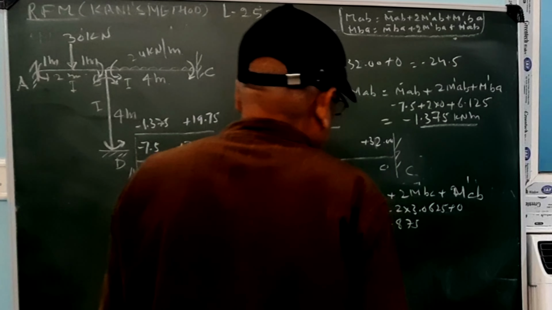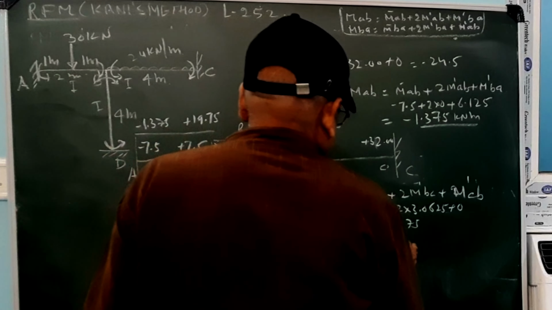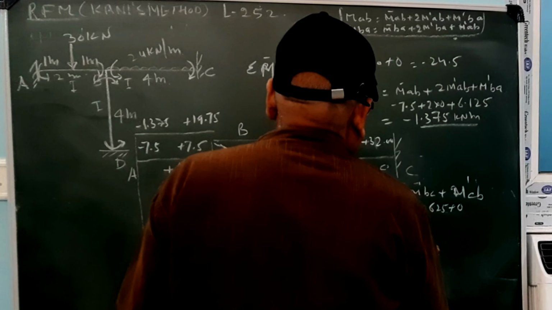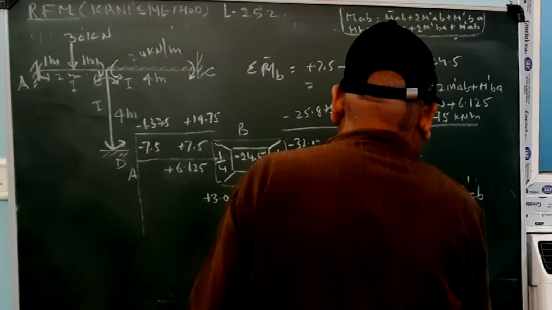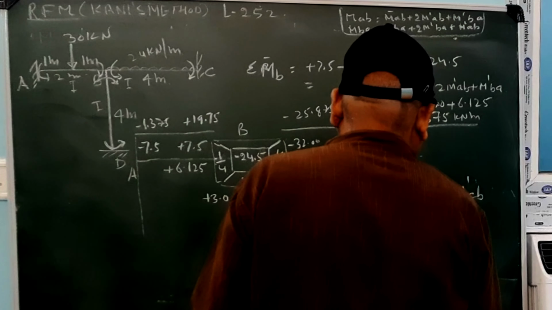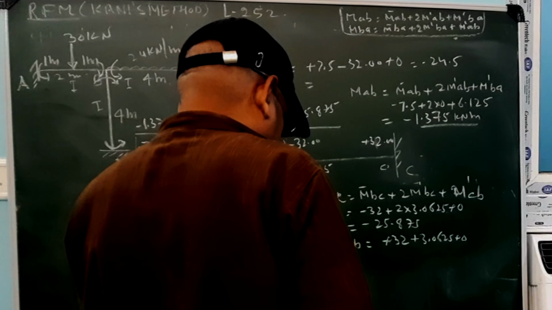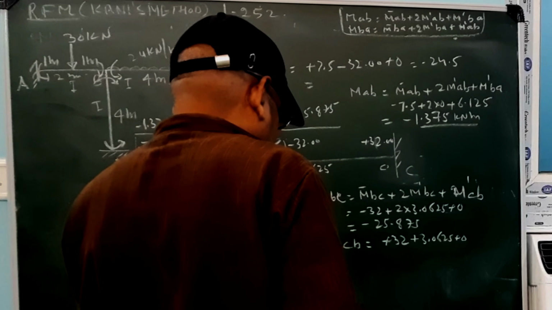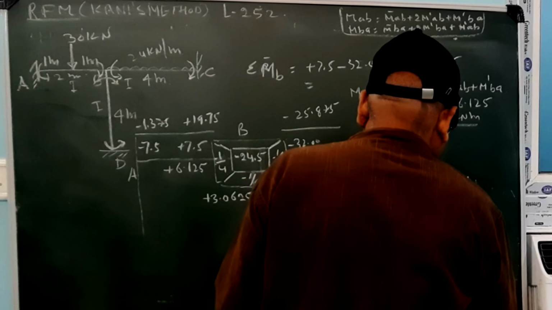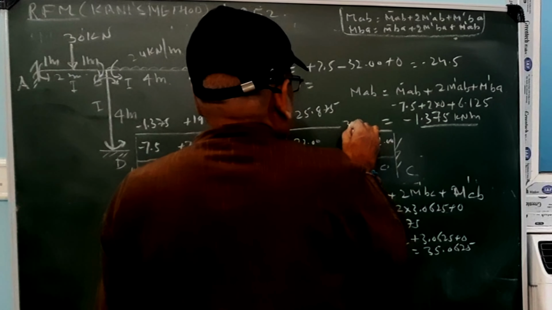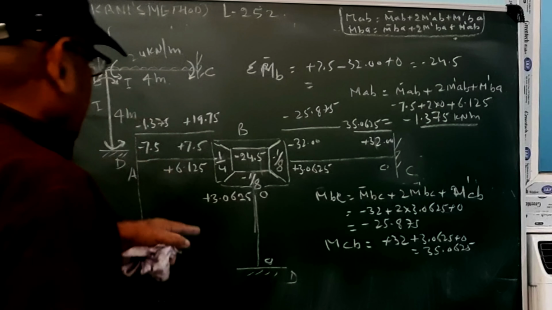What about MCB? MCB equals plus 32 plus 3.0625 plus 0. So this is 32 plus 3.0625, which is 35.0625.